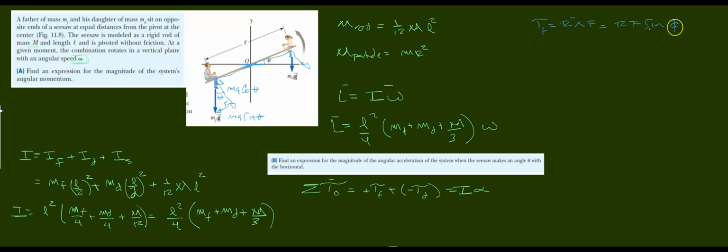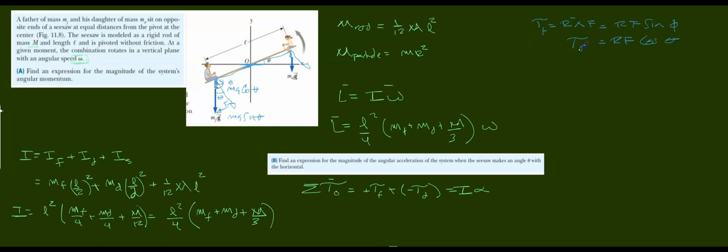But in this case, F sine of phi, phi by the way will be all that, is the same as F cosine of theta. Remember, F sine of phi gives you the perpendicular component of the force with respect to the lever. But if I do F cosine of theta, it's also giving me the perpendicular component as we saw before. So that's the torque, right?